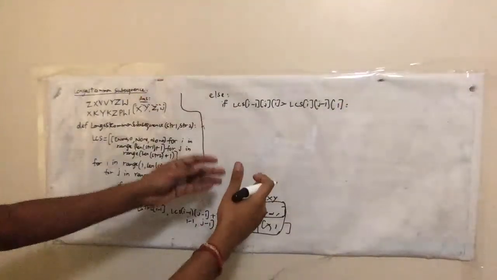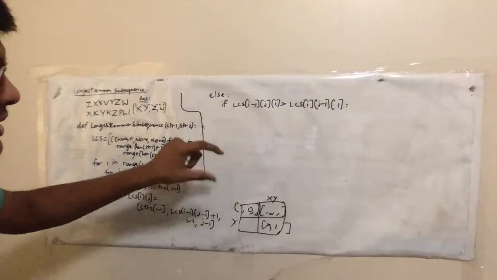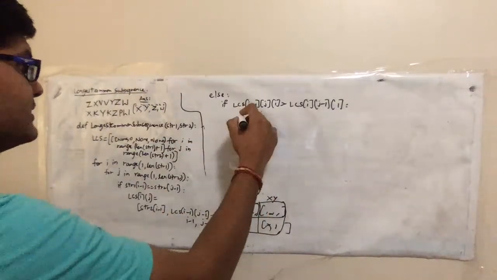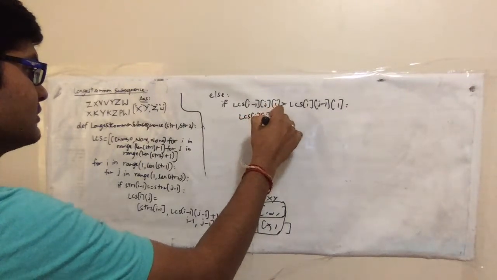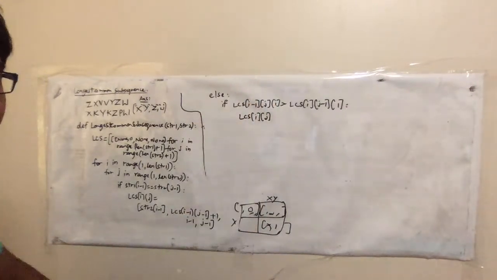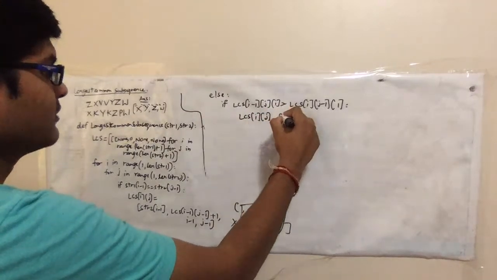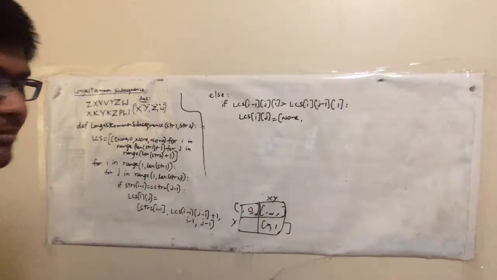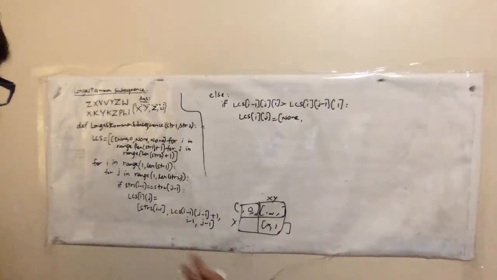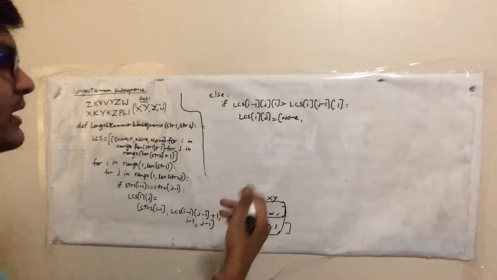Okay, so if this is bigger, so what we will do? LCS of ij becomes, we have nothing to add, so the first will be none, and second will be, so will there be any increase in the characters?